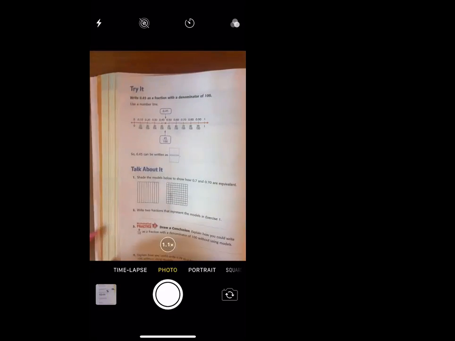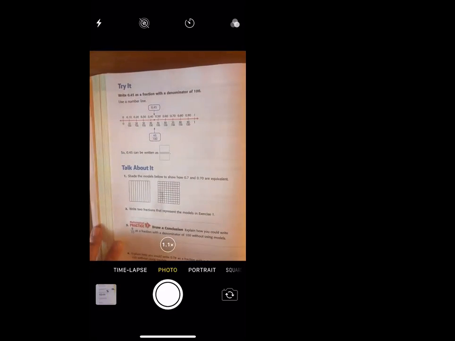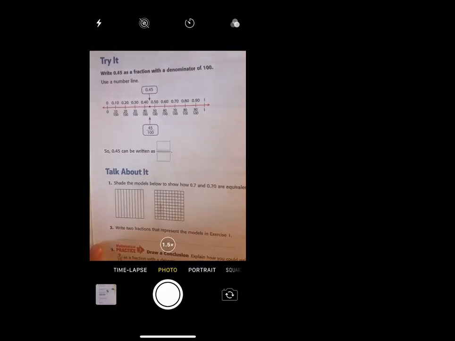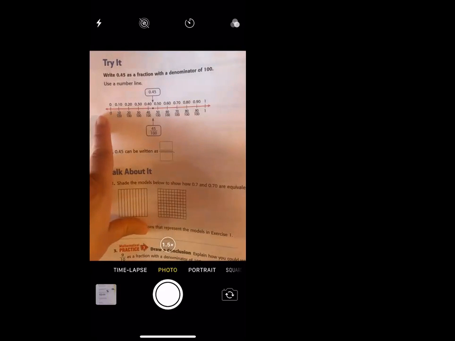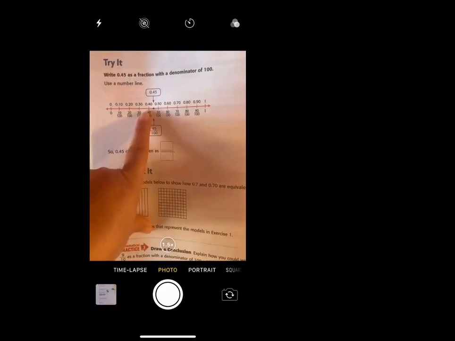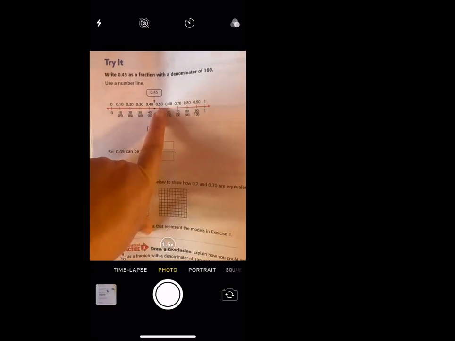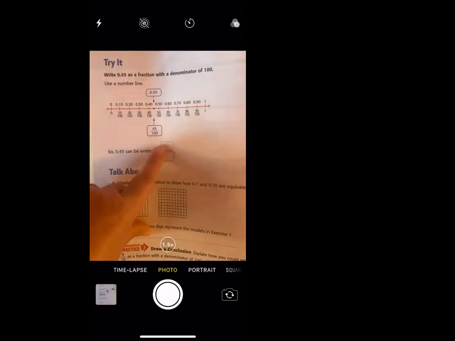Okay, let's turn to page 652. 652 says write 45 hundredths as a fraction with a denominator of 100. Use a number line. So here we have our number line. We've got 40 hundredths and we've got 50 hundredths, and right in the middle of that is going to be the decimal 45 hundredths.